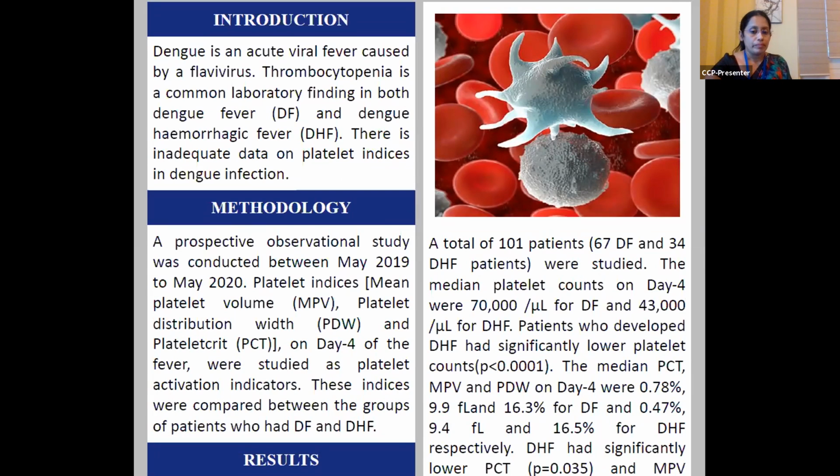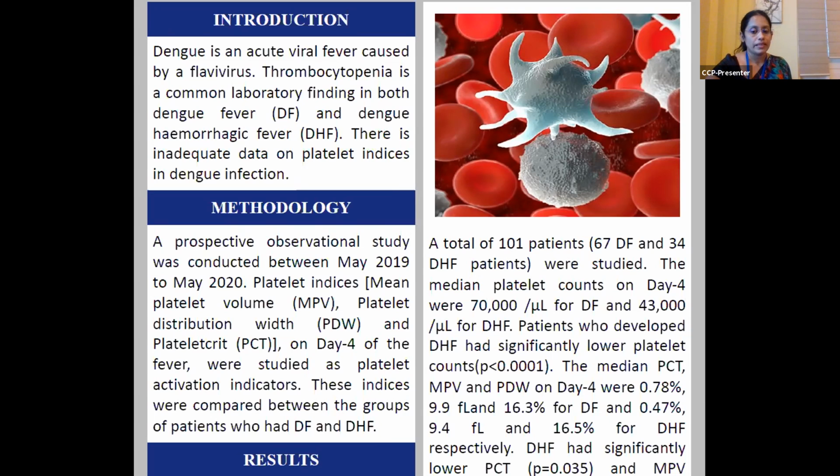The median platelet count on day 4 was 70,000 in dengue fever and 43,000 in dengue hemorrhagic fever, and obviously it is significantly low in dengue hemorrhagic fever. We all knew that. Our finding was that in patients who developed dengue hemorrhagic fever, the median plateletcrit and mean platelet volume were significantly lower than in dengue fever patients.